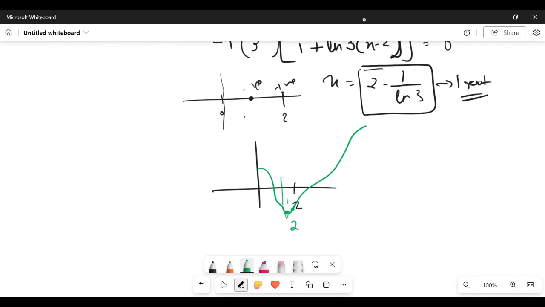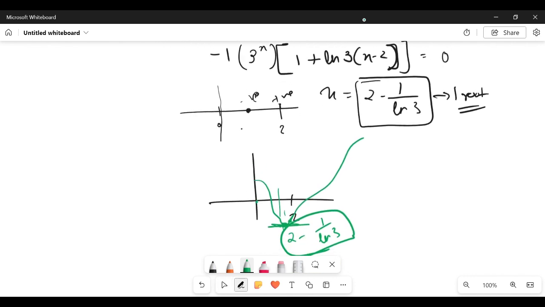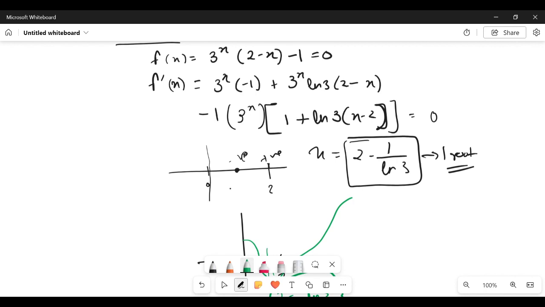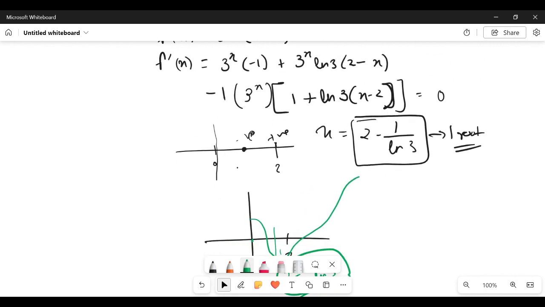Because this point that I'm highlighting is 2 minus 1 by ln 3. This is where the slope is 0, right? The slope is 0 means the tangent has a slope 0. And then it would be negative forever. Up till 0 the slope is negative only. So you can see this is the negative slope part of the graph, right?